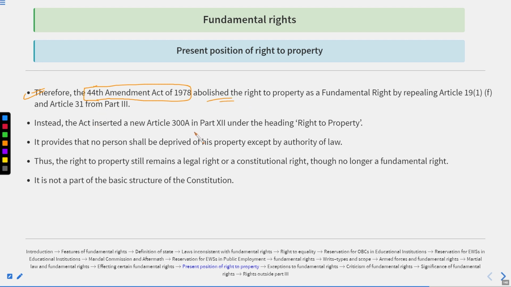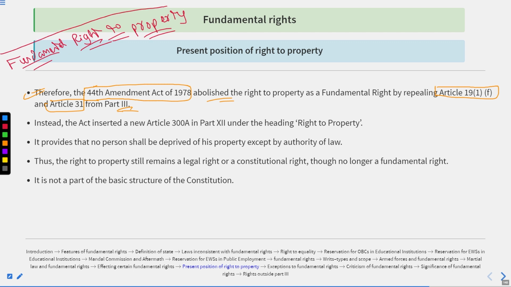This abolished the right to property as a fundamental right by repealing Article 19(1)(f) and Article 31 from Part 3, which come under the category of fundamental rights to property.